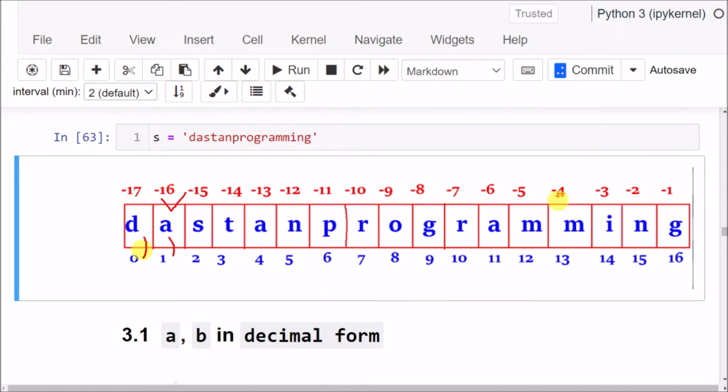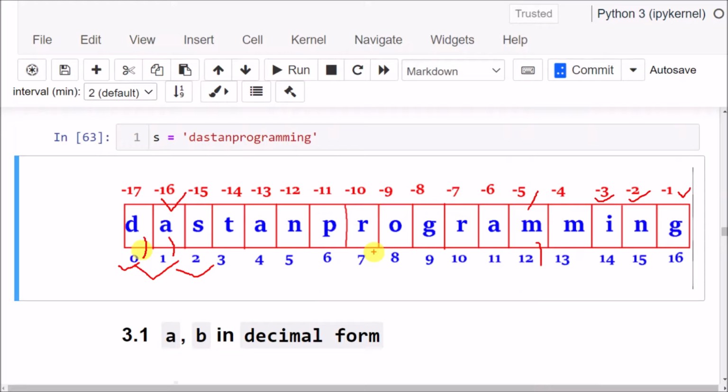In the same way, M is present at the 12th index and the minus 5th index also, because negative index starts from right to left, that is minus 1, minus 2, minus 3, and positive index starts with 0, from left to right. I hope this index part is clear.